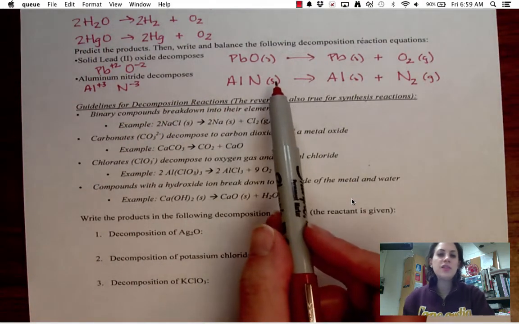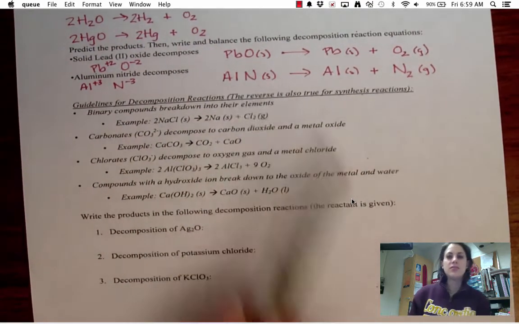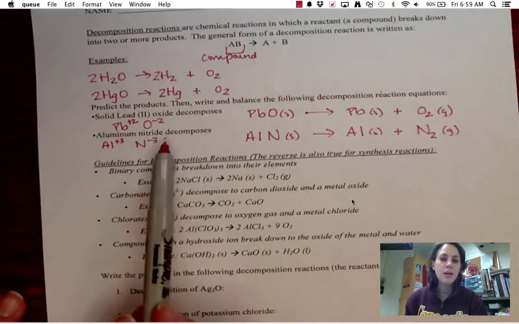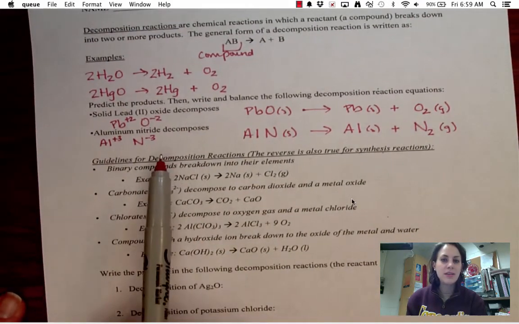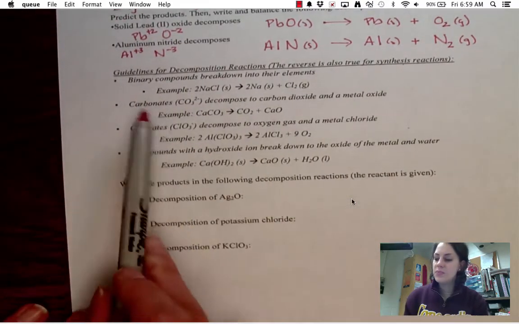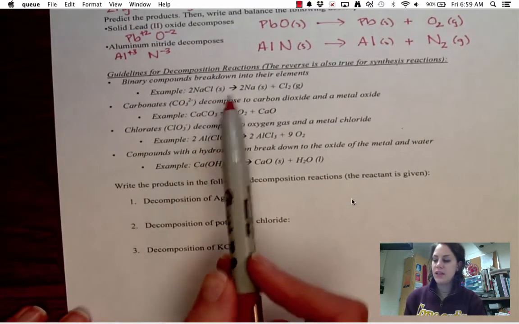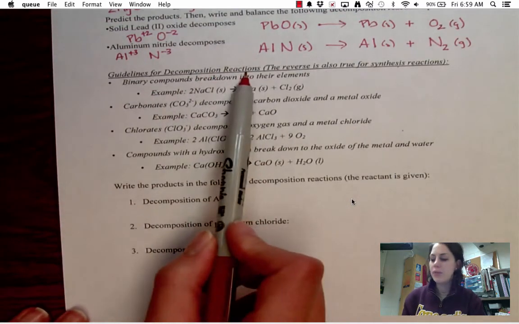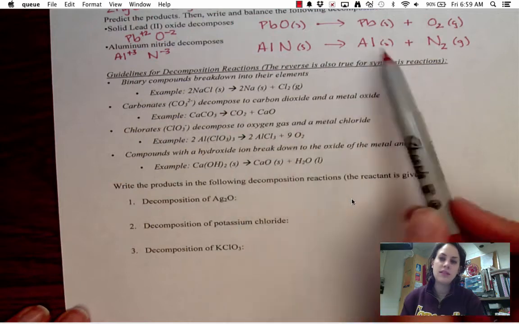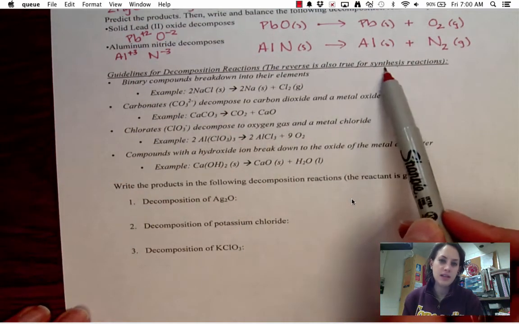So the main thing to remember with decomposition and synthesis reactions is they're kind of opposites of each other. They're reverse of each other. So that's why we're doing these together. Down below here, we see some specific guidelines for decomposition reactions. And I put these here with decomposition, but the same is also true for synthesis reactions. I would just reverse it.